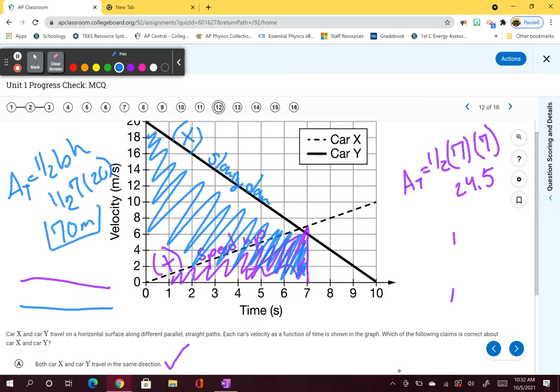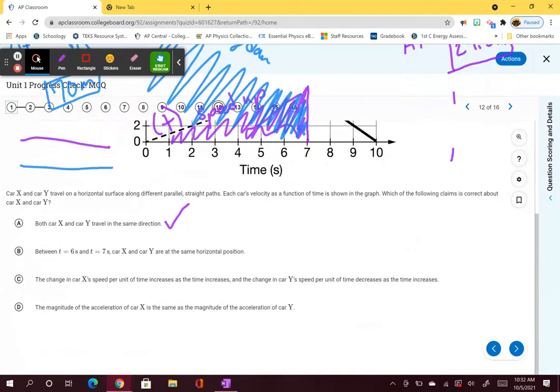That's in meters. So no, I would definitely say that they are not in the same position. Car Y is definitely ahead of car X, so no.